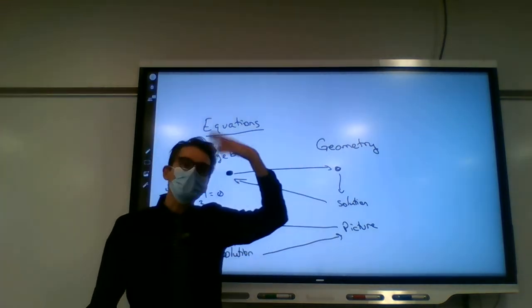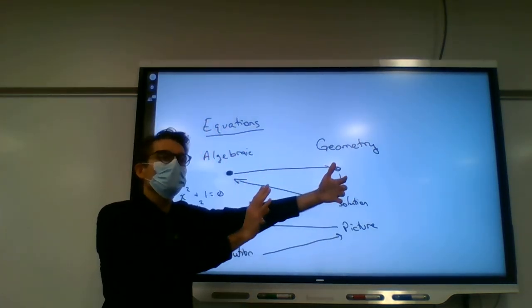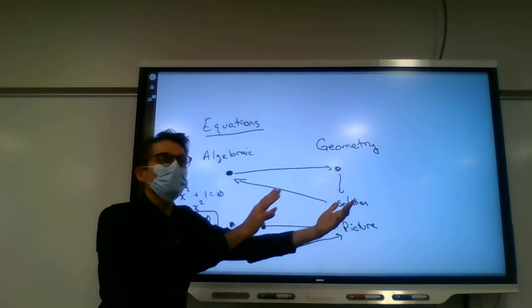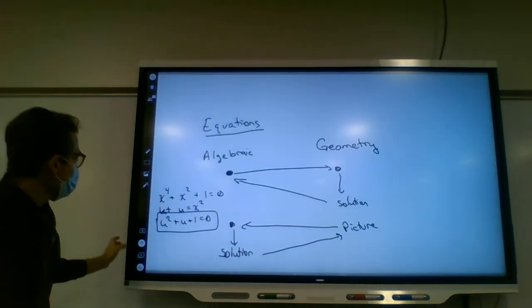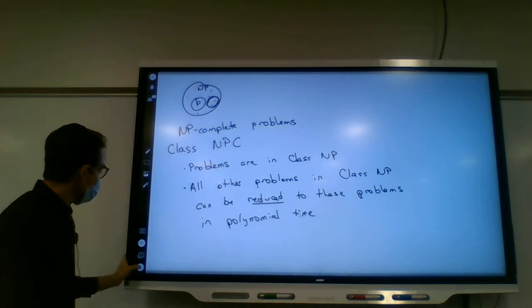So sometimes we do it completely on one side. Sometimes we do the same thing with just two pictures, right? Well, this picture, if you do this, then it can be turned into this other picture, which we can understand better. And we can solve the problem on this easier picture and then bring it back. All right, so this is the idea of what a reduction corresponds to. What do we want to do?